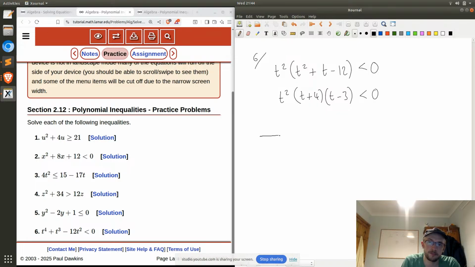Well, this is a quartic, a polynomial. And it is telling me that 0, negative 4, and positive 3 are special. So -4 is like there, and 0 is like there, and 3 is there.